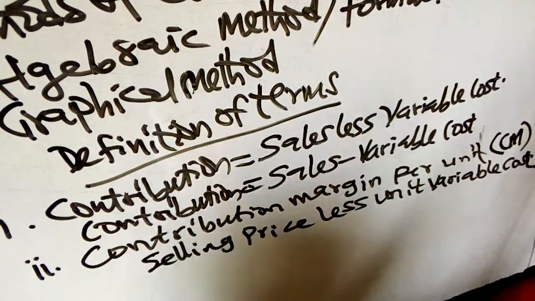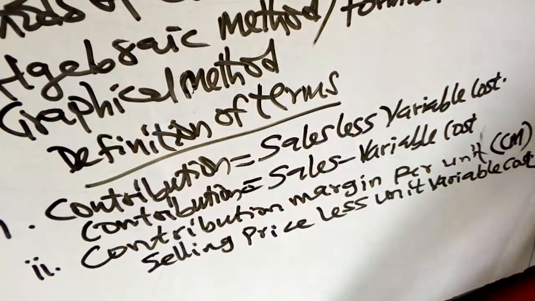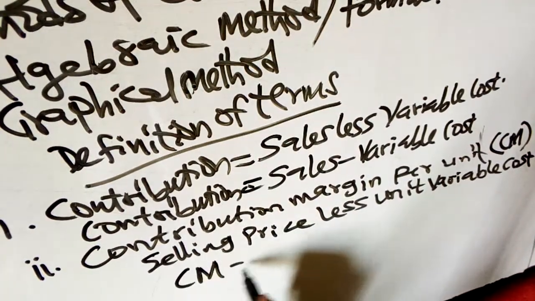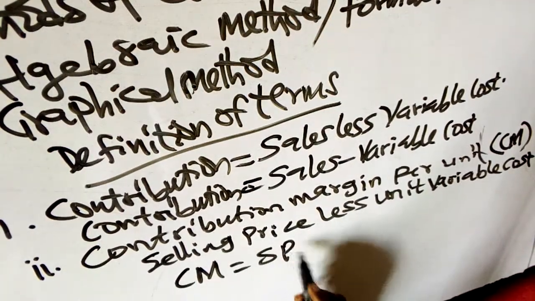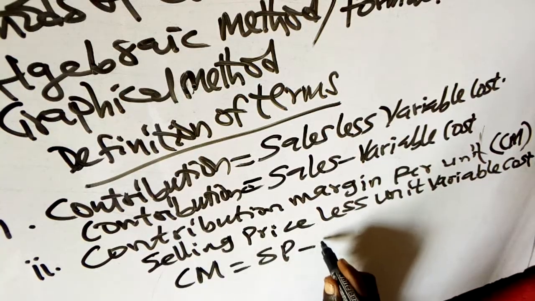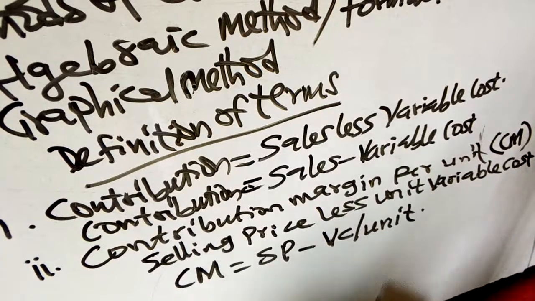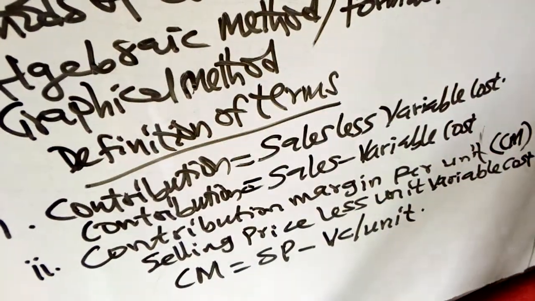That will be selling price, abbreviated as SP, minus VC, variable cost per unit. That will give us the contribution margin.